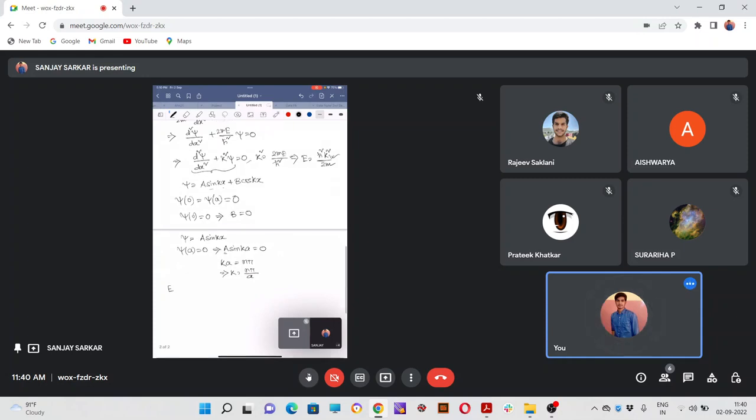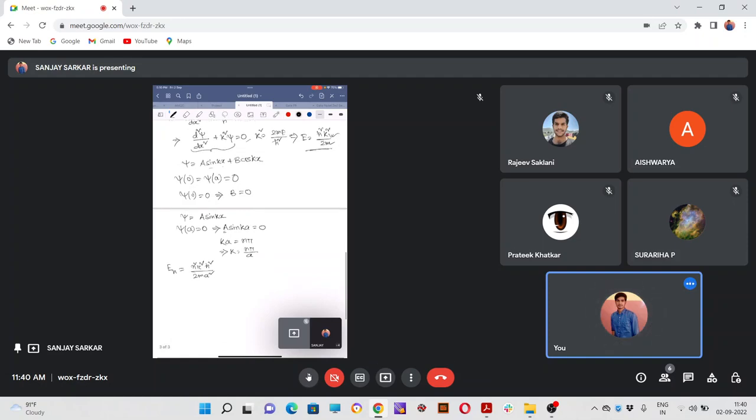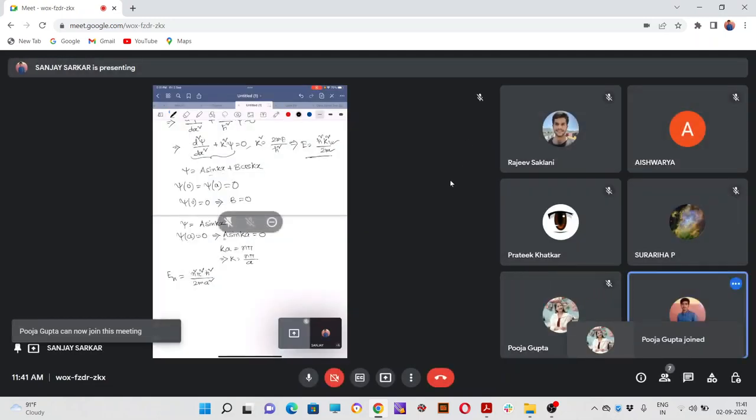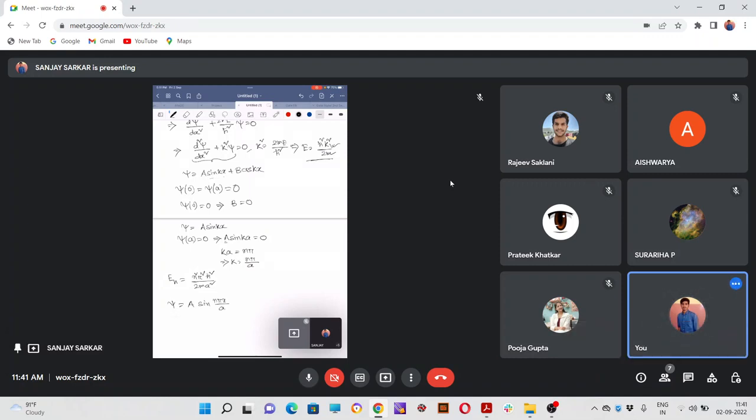So the eigen energies are En equal to n square pi square h bar square by 2m a square. From this expression we get the eigen energies, and since k equal to n pi by a, the wave function is psi equal to a sin n pi x by a.